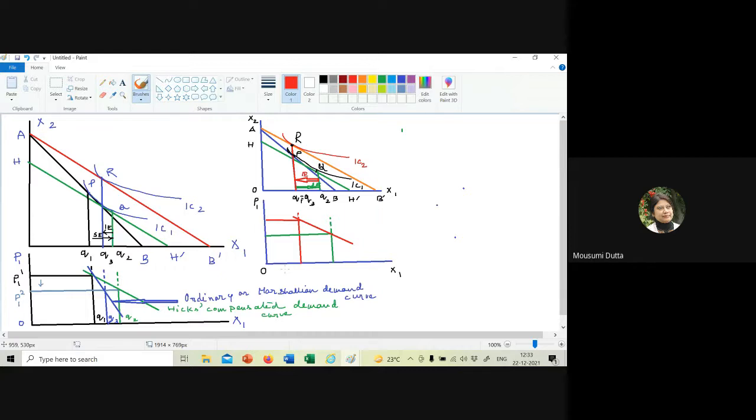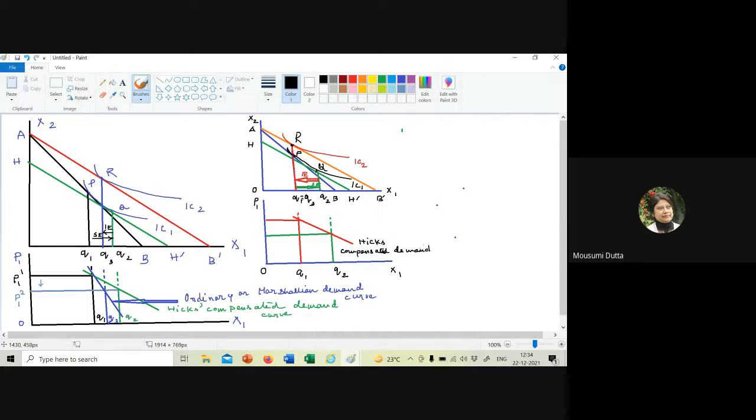Now this demand curve is based on the movement from Q1 to Q2, or P to Q. So this is Hicks compensated demand.